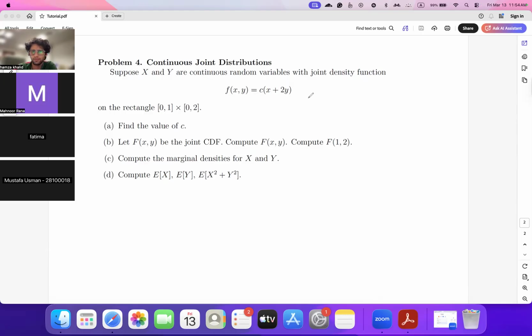Sir, I'm solving it. Okay, good. But for the other people, 1 is equal to, well, you have this. I'm going to guess this is for X and this is for Y.